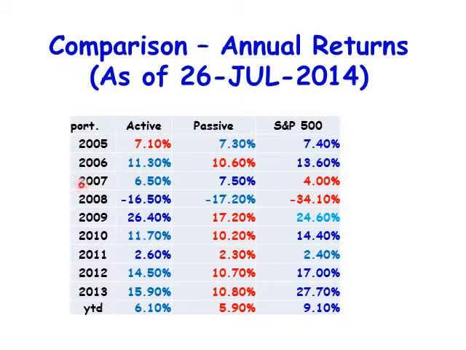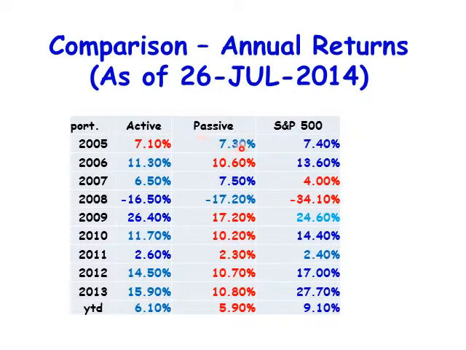Okay, and in 2007 also is in the middle of the pack. Okay. Passive had the highest return, and S&P 500 had the worst return, and active had a middle. In 2008, active was outperforming everybody. So look at that. In the active column, we had one worst return result, 1 year worst, and 3 years best, and second best in the rest of them.